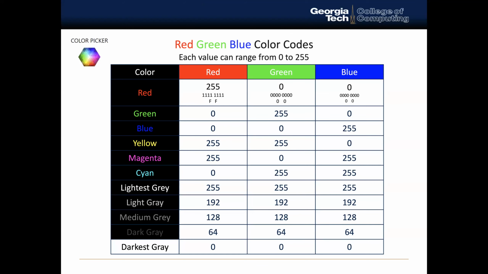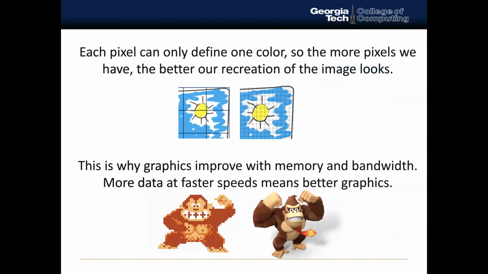And so here we are able to see how the variation in the values for RGB affects the different colors that we use. Typically in most design components, you'll have a color picker that allows you to pick the different colors you want to use. What we want to keep in mind is that each pixel can only define one color.